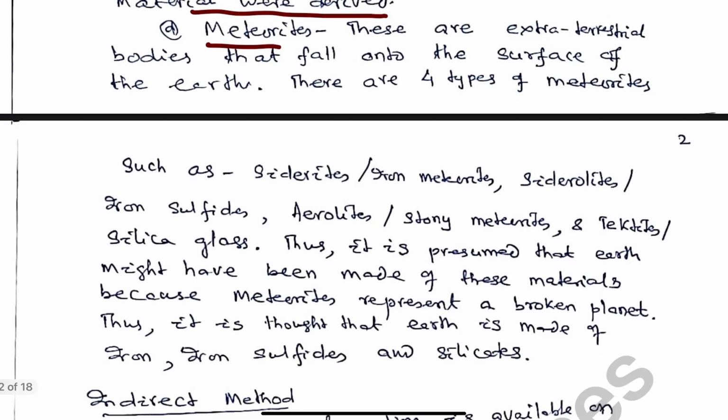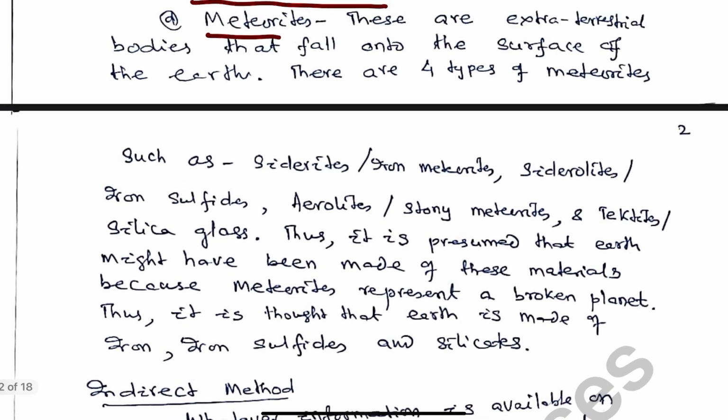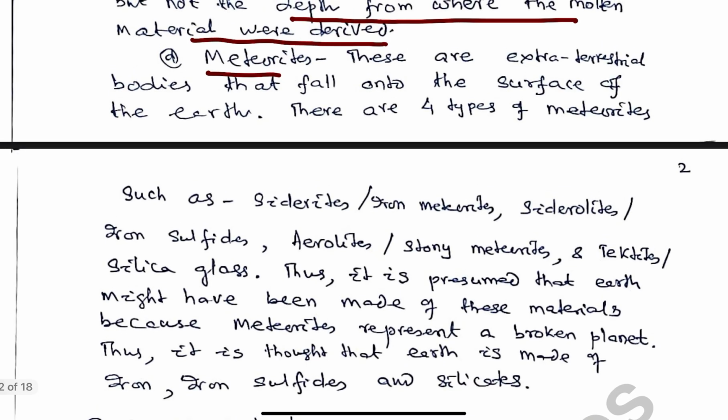So meteorites actually represent one planet which has been broken and is forming asteroids between Mars and Jupiter, and from that region the small planet matter are falling onto the surface of the earth, and these are called meteorites.